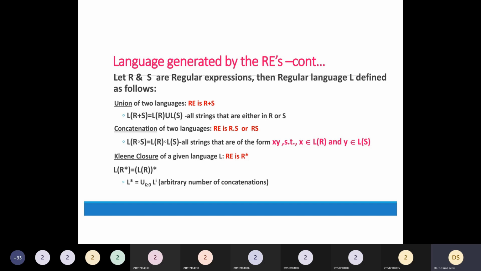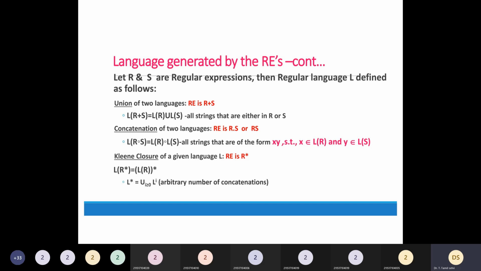While forming the language, L of R dot S equals L of R dot L of S, which means all strings of the form xy, where x belongs to L of R and y belongs to L of S.